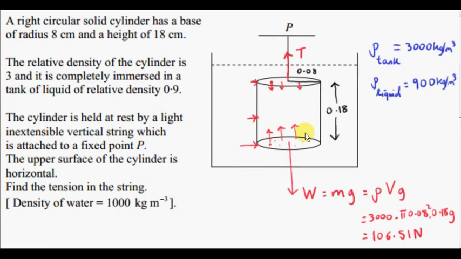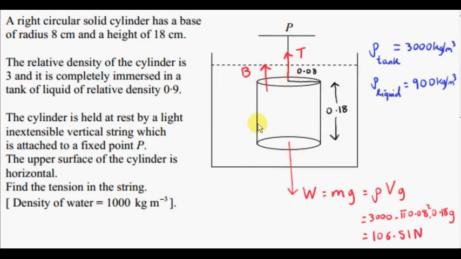So anyway, if we sum all those force vectors, we'll get one vector pointing vertically up, and that's the buoyancy force. It's got no horizontal component, of course.